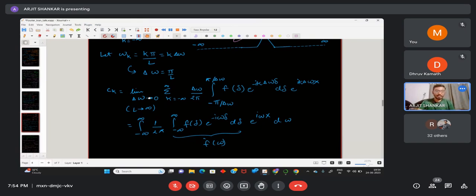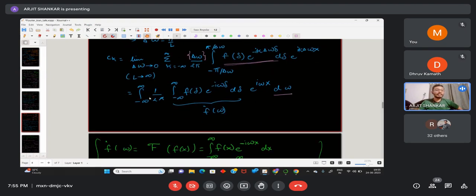Now what is this first part? This delta omega, we can write it as d omega if we have a very large number of points. And this first part, f of delta e to the power of minus k delta omega, is nothing but f hat omega.